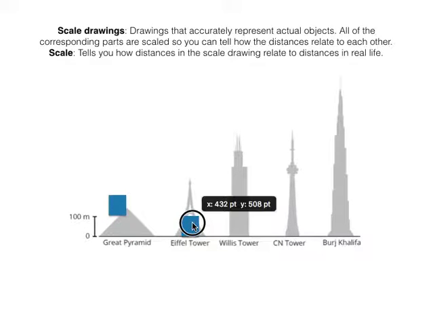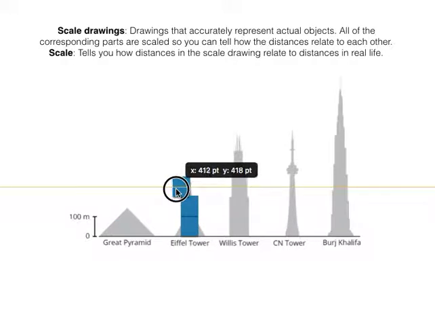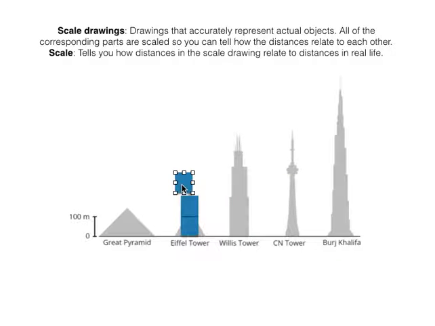To contrast that, the Eiffel Tower takes one full ruler mark plus a second full ruler mark and almost the entire third here. So maybe this one is going to be 290 meters.